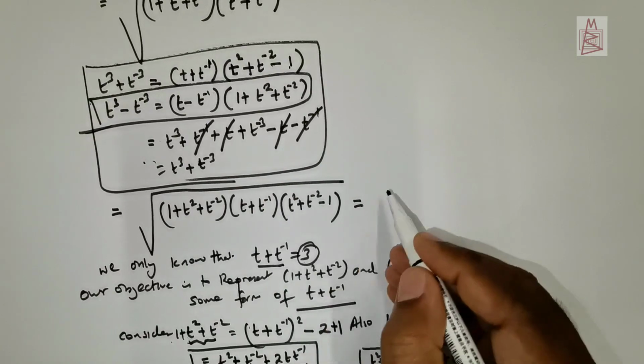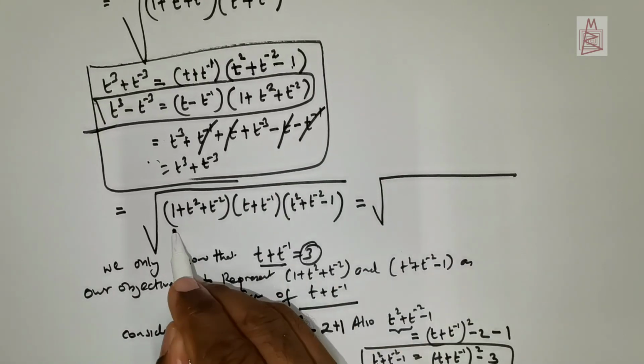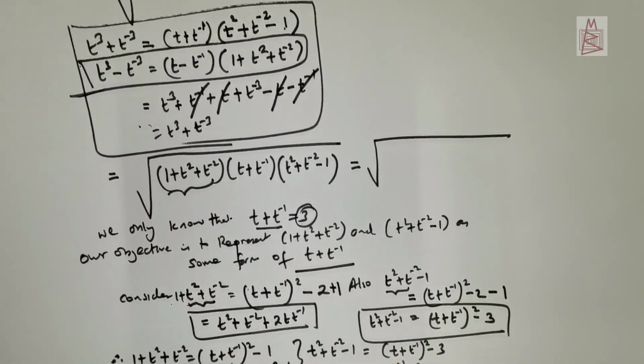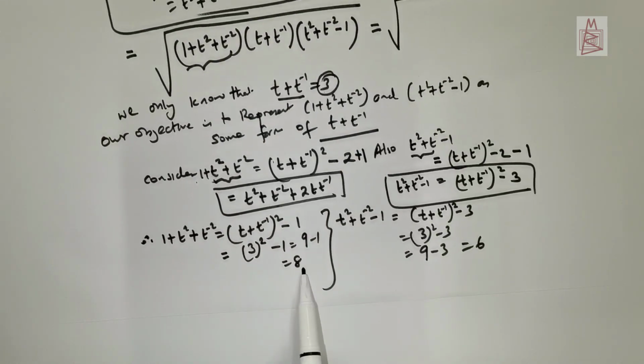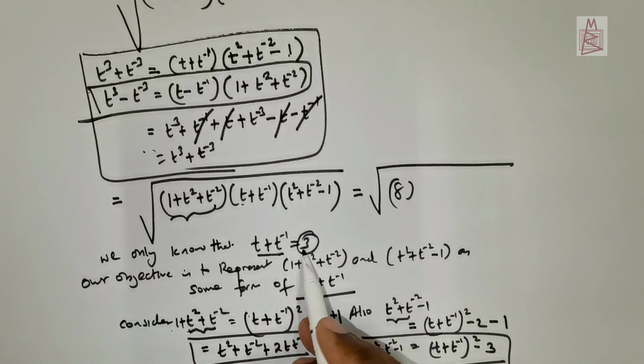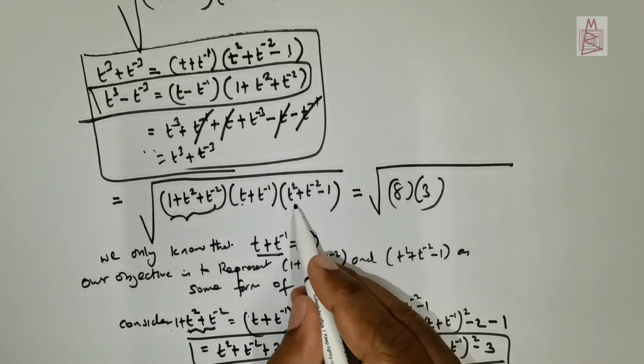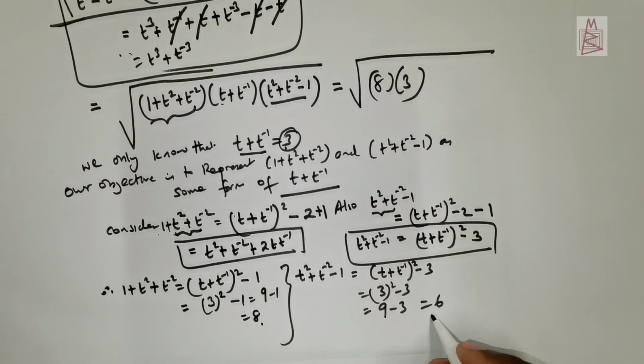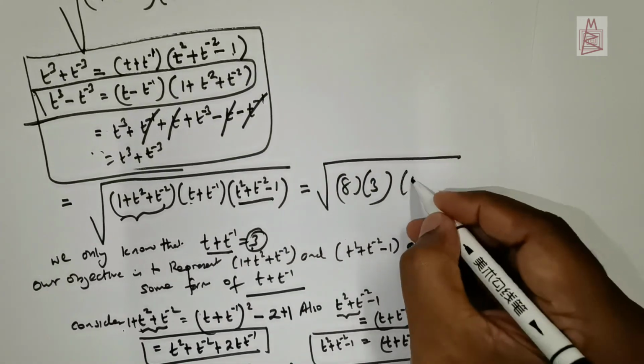So I'm going to substitute these values. This is equal to the root of, this quantity is 8, so substitute 8. Now this quantity is 3, substitute 3. Now this quantity is 6, substitute 6.